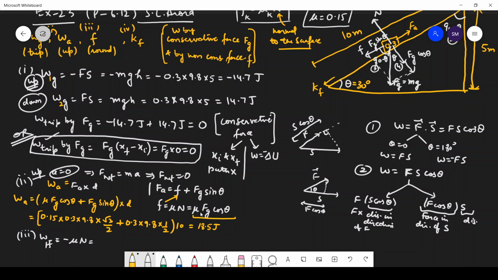So nu is minus 0.15 and into what n is, Fg cos theta. So Fg cos theta is, Fg is your 0.3 into 9.8 and cos theta is root 3 by 2.